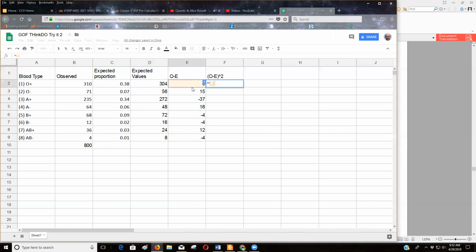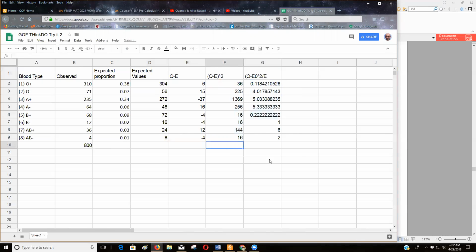So I'm going to square that 6, times it by itself. And then my next column is the squared differences divided by the expected value. So the O minus the E squared divided by E. There's my squared difference divided by my expected value, and now I'm going to do that for all of them.